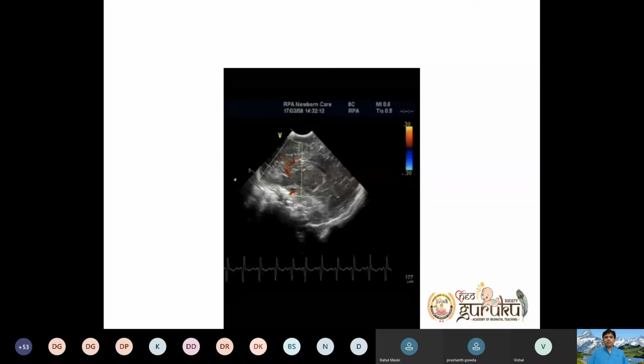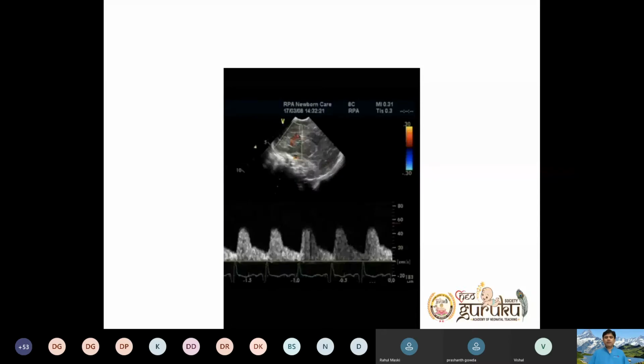This is how you take it. You place it perpendicular at the angle, and then you start getting your systolic peak and diastolic peak, and the machine I have calculates the RI automatically. It is called auto tracing.